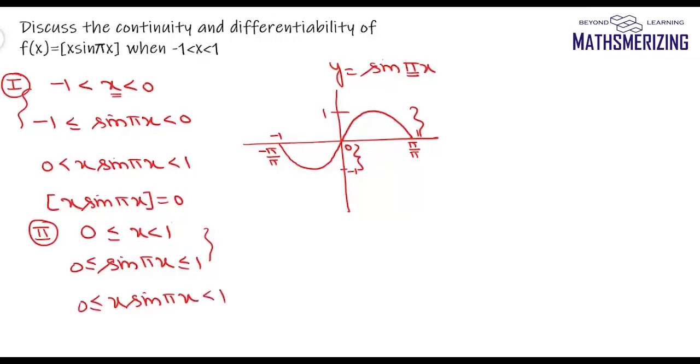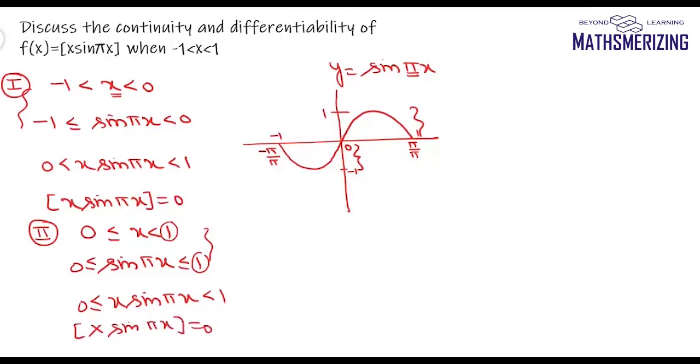It will be less than 1 because in order to achieve the value 1, both of them have to be 1 simultaneously. But they are not 1 simultaneously at any point. So this value will always be less than 1.